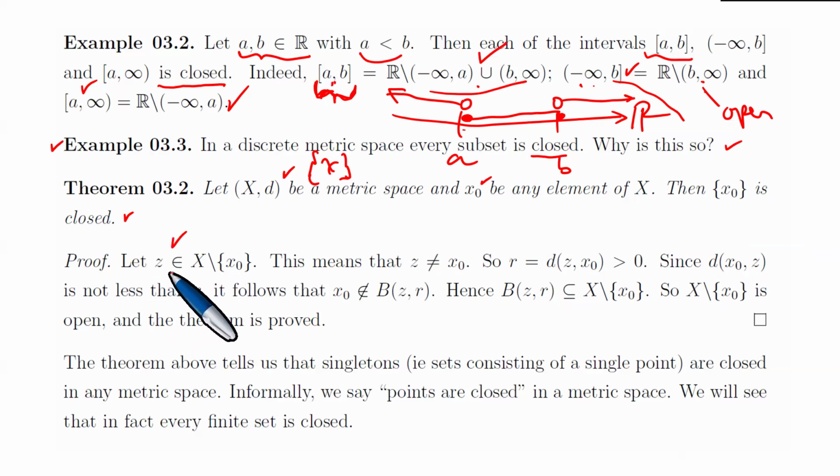We let z be an element of the complement of the singleton. Because z is an element of the complement of the singleton, z is not equal to x0. So the distance between z and x0 is a positive distance.